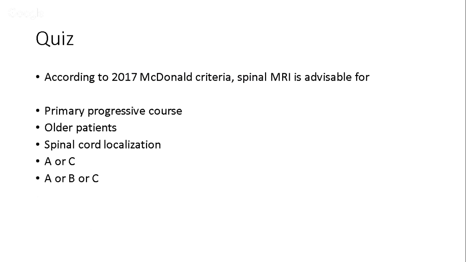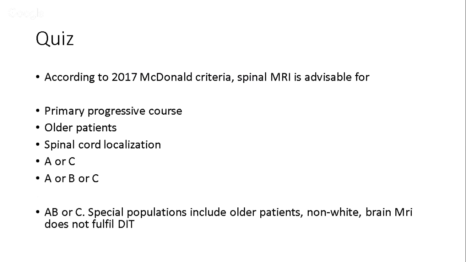The 2017 revision: spinal MRI is advisable for what kind of patients? These are very simple questions. Basically, you want to think about spinal MRI. The recommendations say you don't need to get a spinal MRI. I get it as a baseline for my patients, because some of them are asymptomatic.